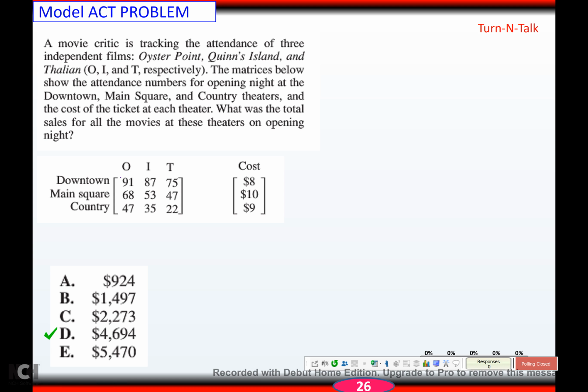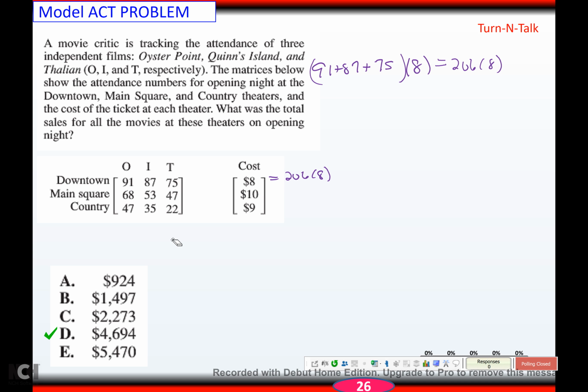Well, again, we don't have to use the matrices. To figure out what downtown made, I'm going to add up all these numbers, 91 plus 87 plus 75, and I'm going to multiply it by the price, and that will give me 206 times 8, which gives, I don't know what that gives me, but anyway, that's what this is, 206 by 8.